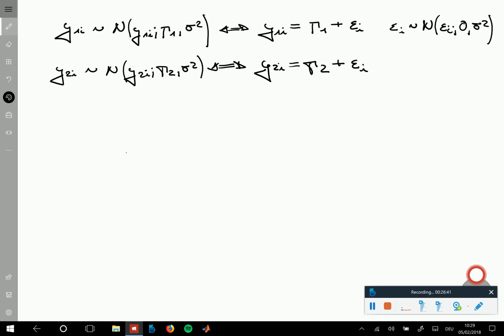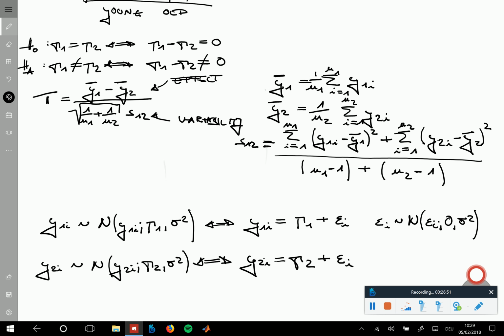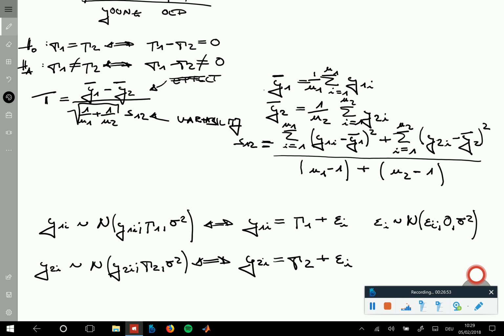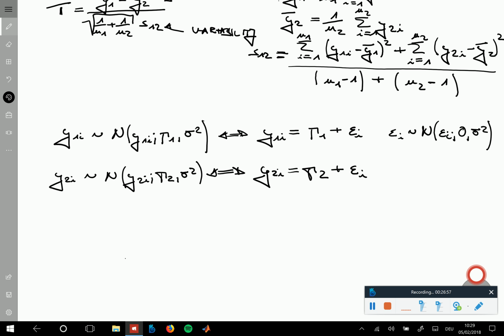Question? So we assume that the variances are the same for both groups. Exactly, yeah. If you're dealing with these formulas for the two-sample t-test, you assume that the variances are the same. I know there are variations where you don't assume the same variance, but here we do.